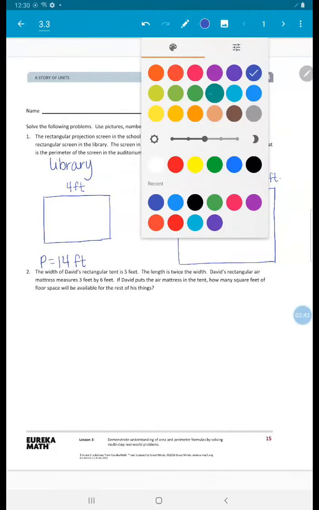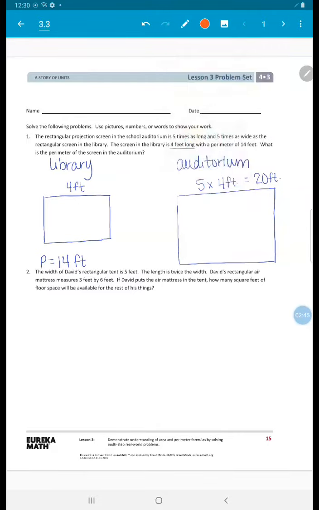So to find the perimeter of a rectangle, we're going to add up all the sides. I know if this side is 4 feet, then the opposite side has to be 4 feet as well.